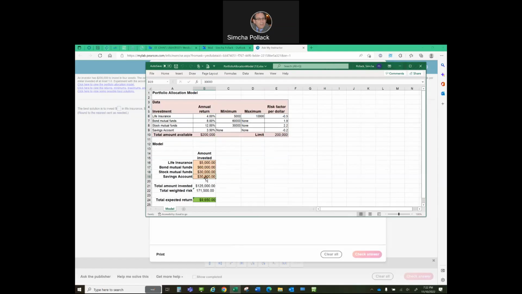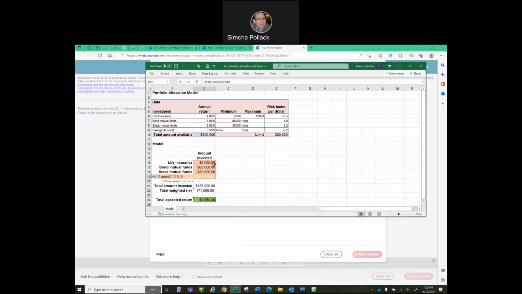And the savings is the remainder, but the remainder is going to be 200,000 minus these three things here. So instead of having to calculate it, let's just put it as equals B10 minus the sum of B16, 17, and 18.